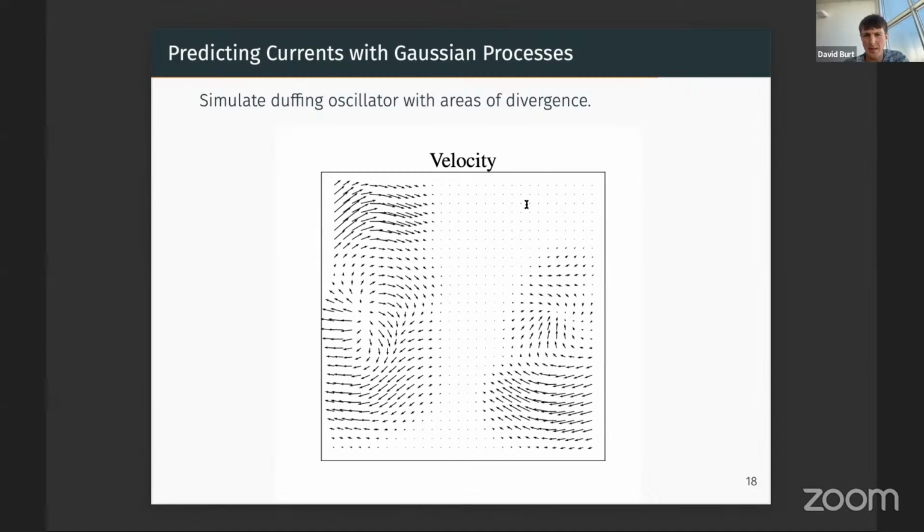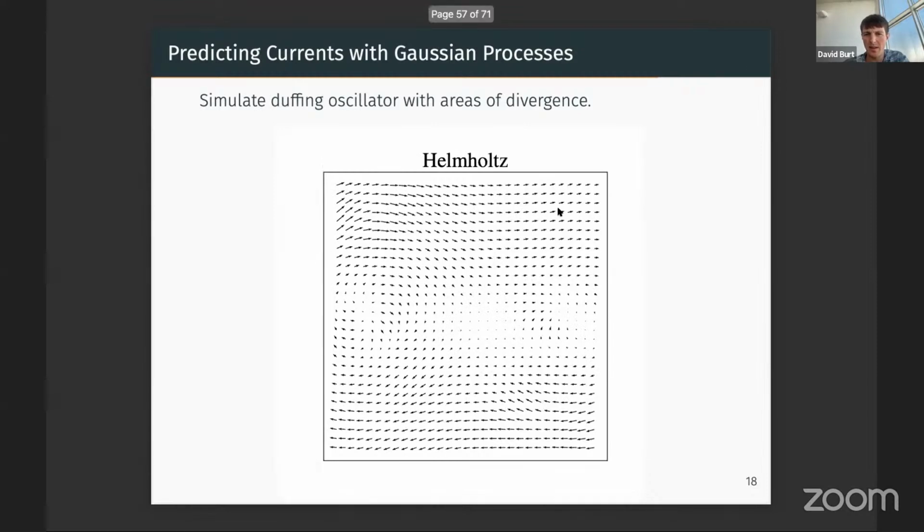And similar things happen here where we expect to see, again, current flowing in the opposite direction. On the other hand, the Helmholtz GP is better able to model this continuity of current, which was again one of these desirable physical properties that we found the velocity GP kind of missed out on.